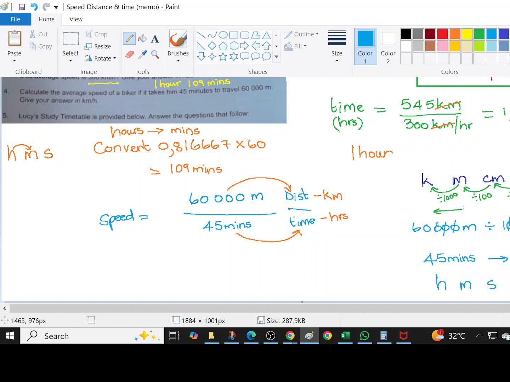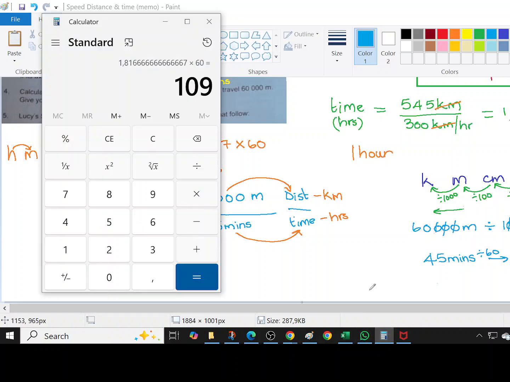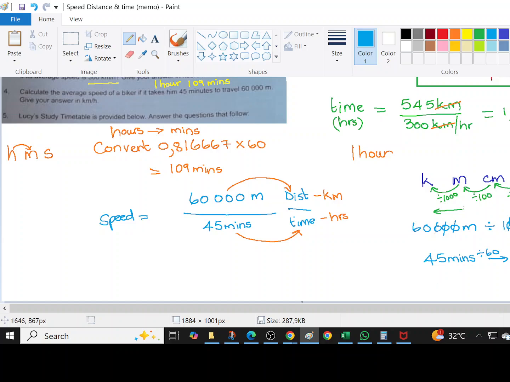That's going divided by 60, correct, minutes to hours. Fantastic. So you're saying divided by 60 gives you 0.75, I think. Yes. So 0.75 hours.